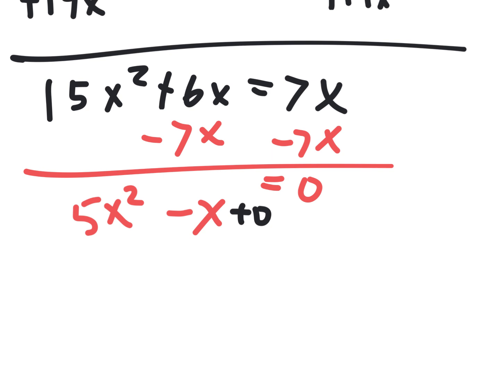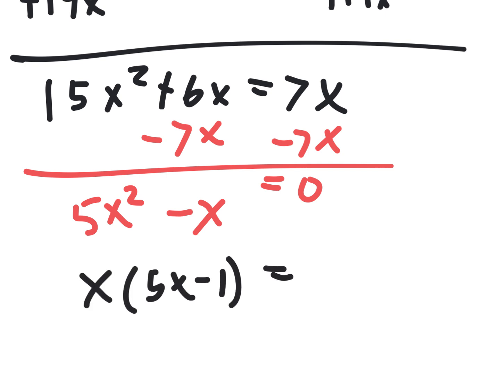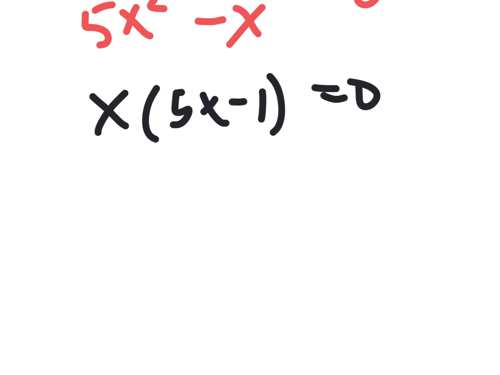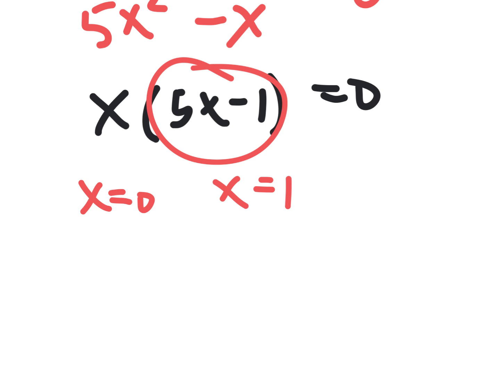You could do that if you really wanted to use the quadratic formula, but I wouldn't. I wouldn't want to use the quadratic formula on this one, because if you can factor it, you should. And watch what happens. X comes out, I get 5x minus 1. And other than the few kids on the test who said x equals 1 for this one, does x really equal 1 for that one? No. If you put a 1 in there, it's not going to make it equal 0.